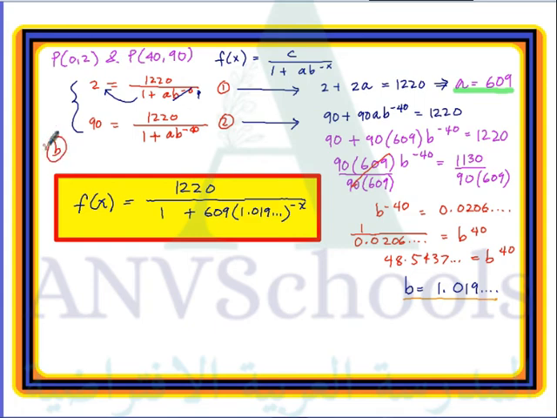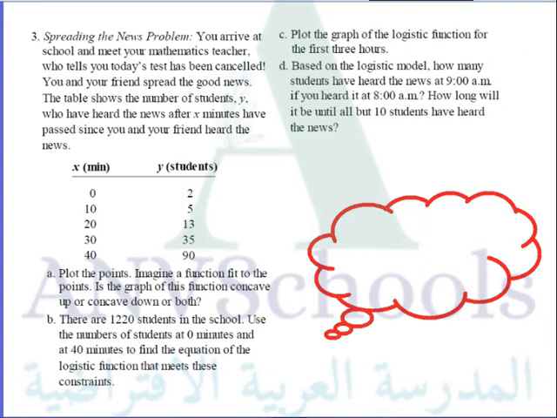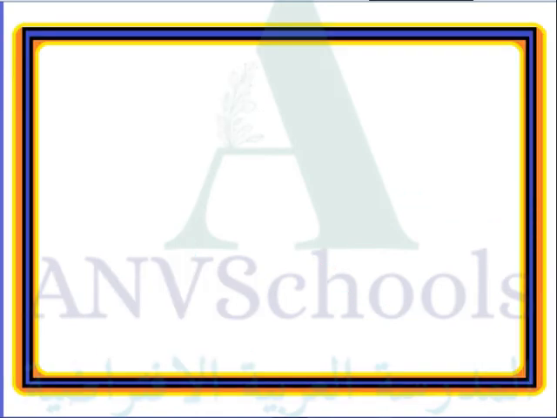Letter C. Plot the graph of the logistic function for the first 3 hours. If you want to create a table for the first 3 hours, you can do so. But for now, I'm going to sketch the graph for the first 3 hours.